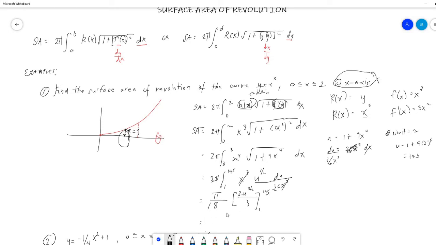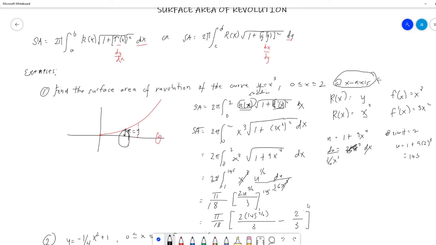Substituting, that's 2 times 145 raised to 3 halves over 3, minus 2 times 1 raised to 3 halves, that's 1, over 3.